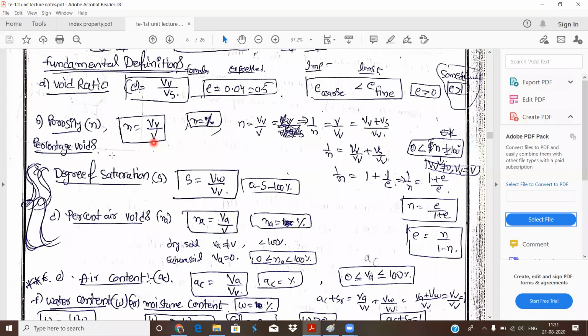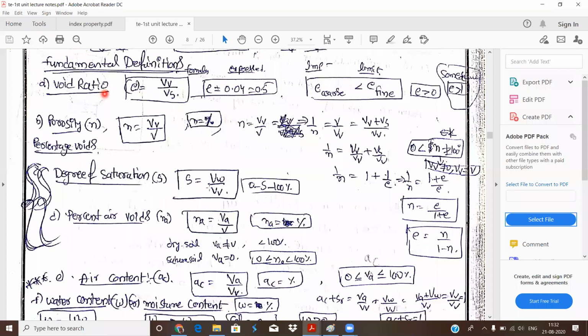Porosity is not very important because both volumes may change at any time. But in void ratio, the denominator, volume of solids, is constant, so void ratio may be fixed, and it is taken as the main important one.